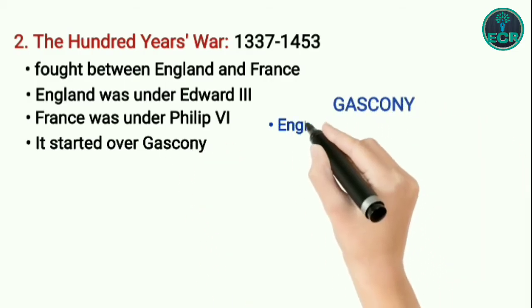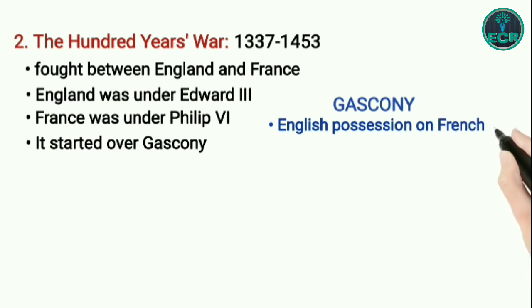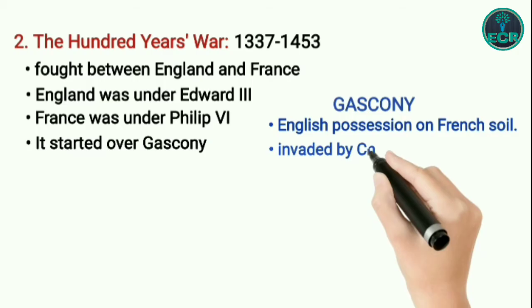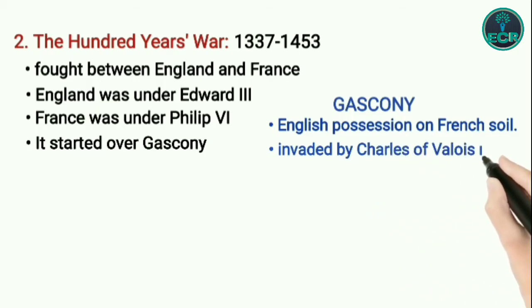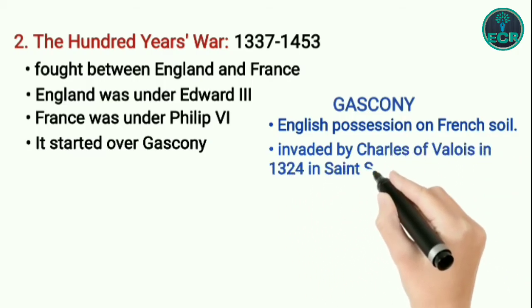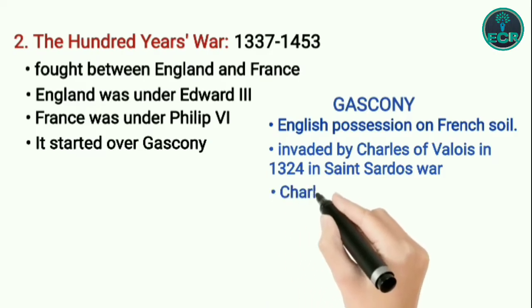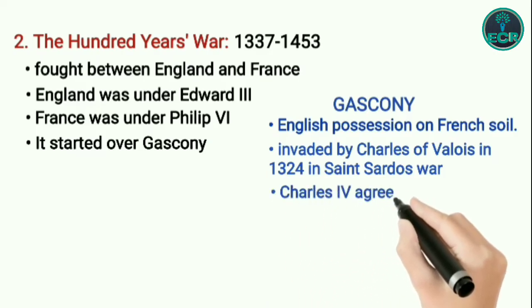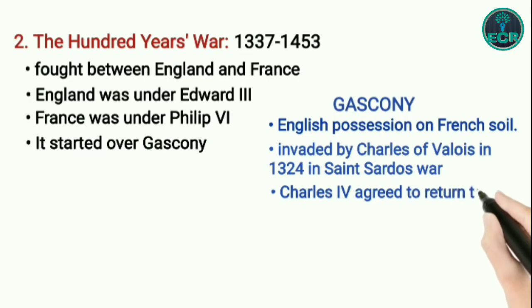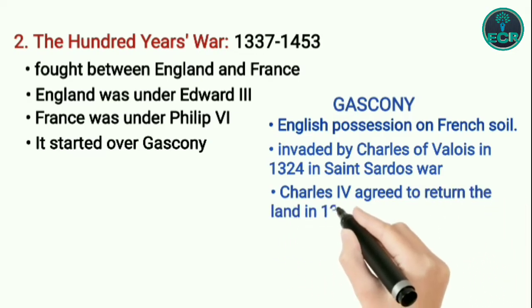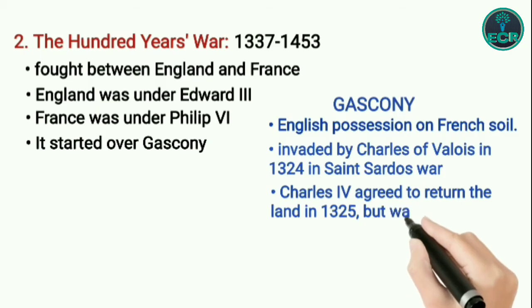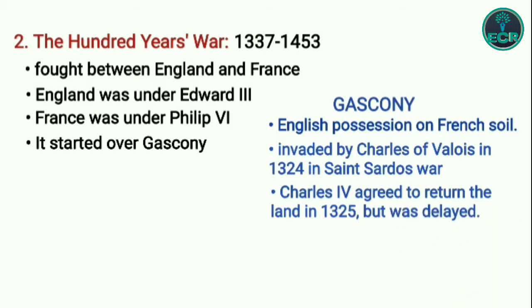Gascony was an English possession on French soil, but it was invaded by Charles of Valois in 1324 in the Saint-Sardos War between the Kingdom of England and Kingdom of France. But then Charles IV of France agreed to return the land in 1325, but it was delayed.